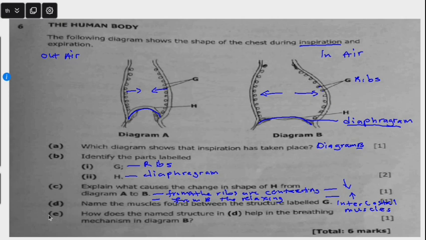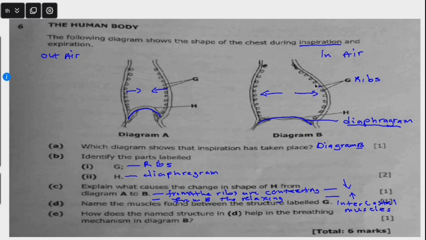And then for E, it is saying, how does the named structure in D help in the breathing mechanism in diagram B? So what really happens for the rib cage to expand like this?